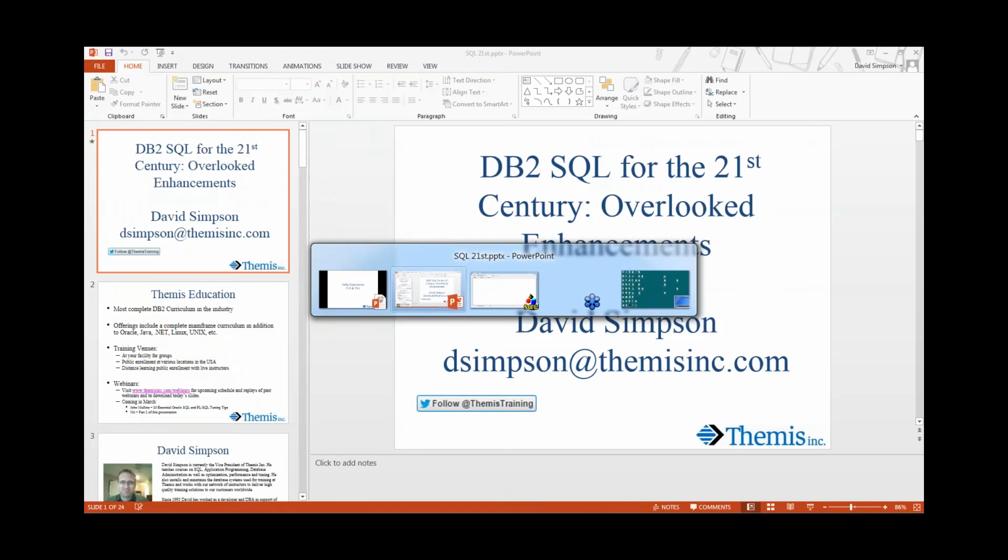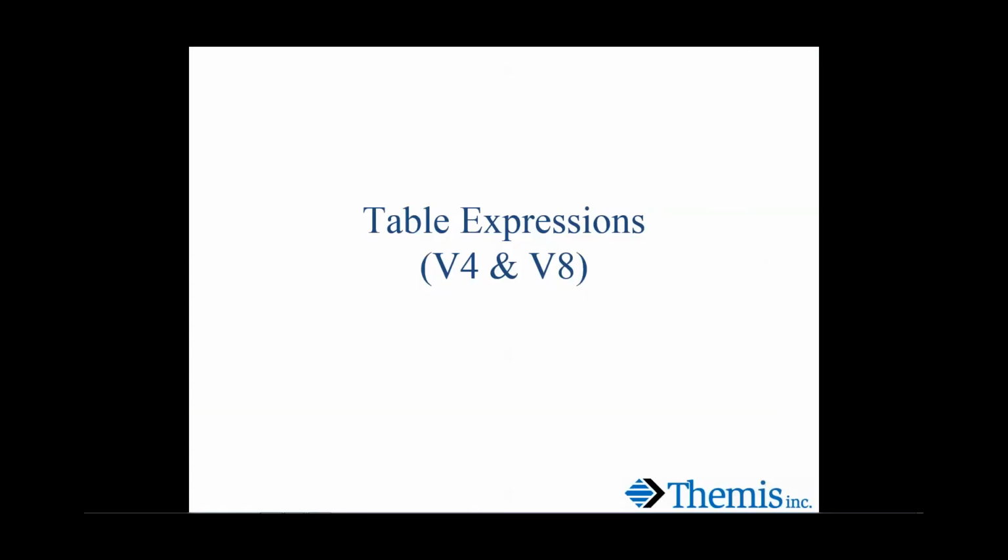The main feature that we're going to talk about today came in version 8 of DB2. That's actually a little while ago now, although I've been working with DB2 since version 2 dot something. So the stuff in version 8 is still relatively new to me, although it's been around for about 10 years now.